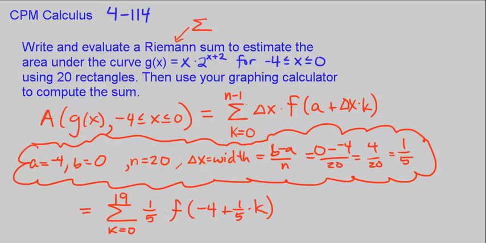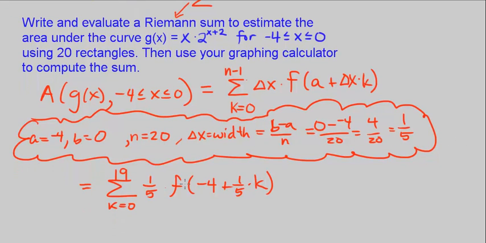The only thing we need to do now is remember that our function is not f, it's g. Well, g of x is defined to be x times 2 to the x plus 2 power.